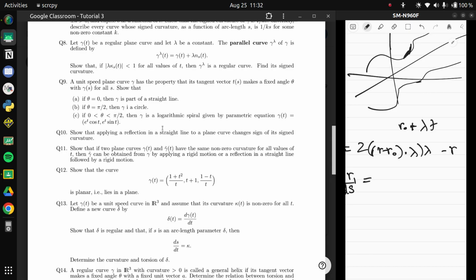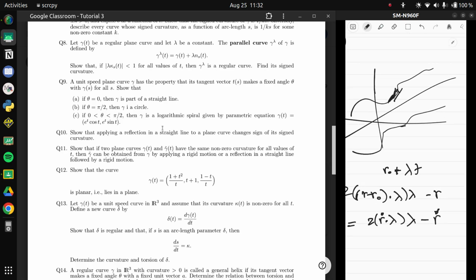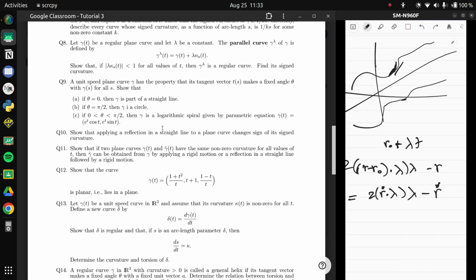With bilinearity, this would just be 2 times r dot lambda, and then lambda minus r dot. That is to say your tangent also got reflected, right? Yeah, right. So your tangent also got reflected.